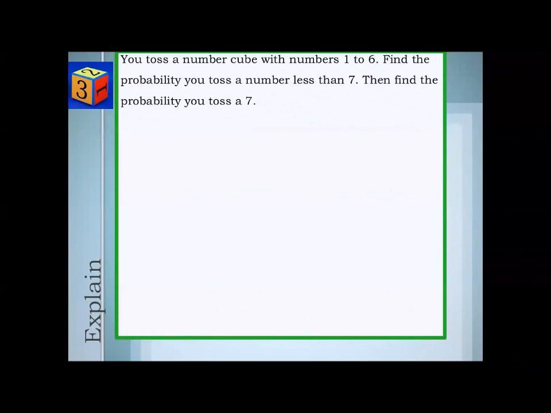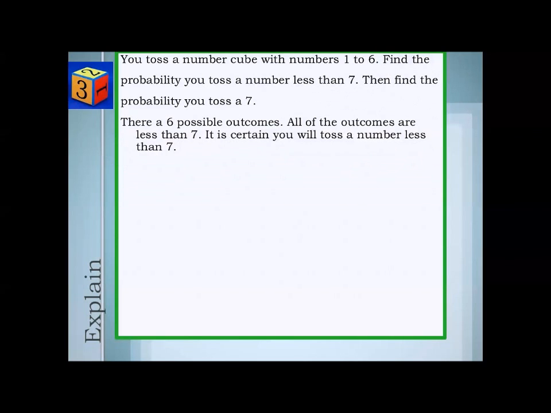Okay, let's look again and explain further. You toss a number cube, like the number cube to the left, with numbers 1 to 6. Now, we have to find the probability that you toss a number less than 7. Then we have to find the probability that you toss a 7. So there are 6 possible outcomes.